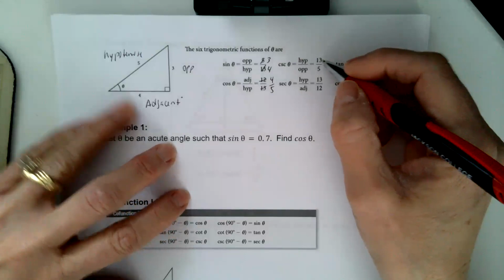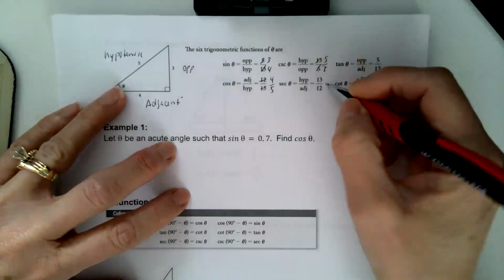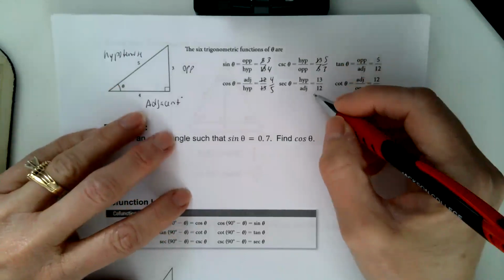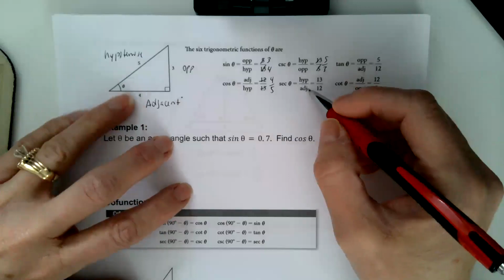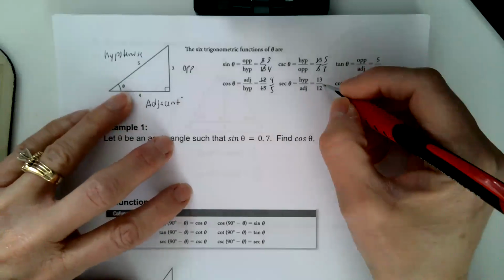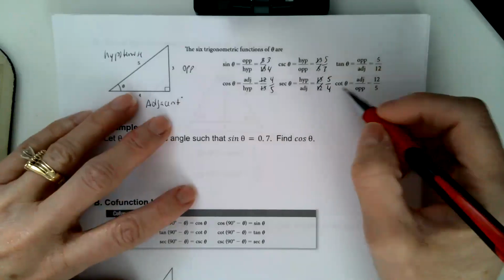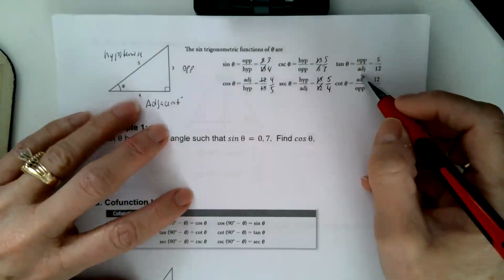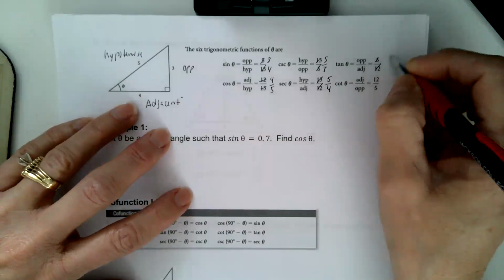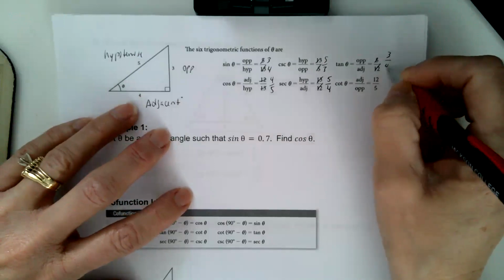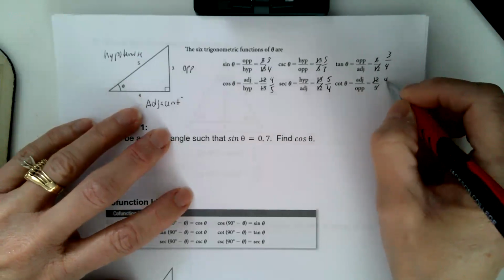The cosecant, hypotenuse over the opposite, is 5 over 3. The secant is the hypotenuse over the adjacent, so that would be 5 over 4. If yours is not correct, just change it to be mine. And for cotangent, it's the adjacent over the opposite, so that will be 4 over 3.